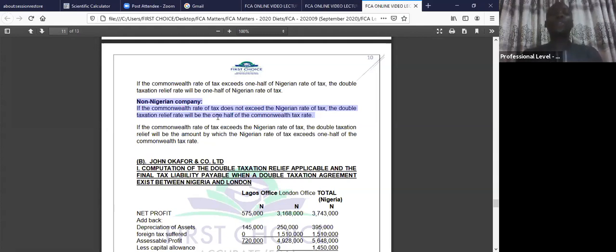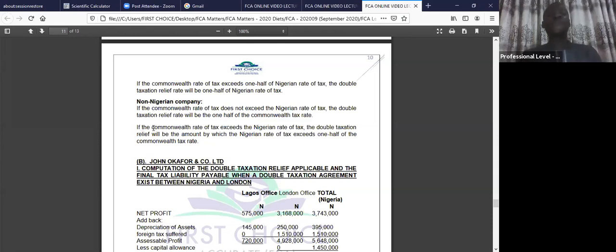You will use 1/2 of the Commonwealth rate of tax. So that means if the Commonwealth rate of tax is smaller than the Nigerian tax rate, then use half of the Commonwealth rate of tax.